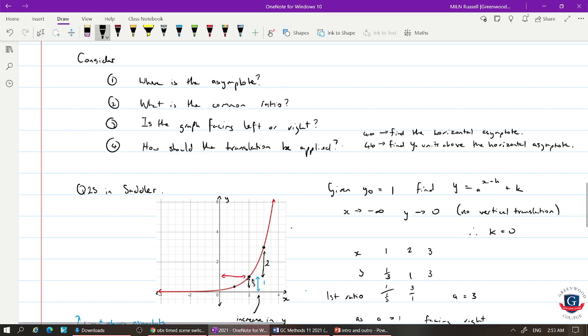Probably a better way of saying that, after discussing this with colleagues, is to say, is it growing or decaying? So are the numbers getting bigger or are they getting smaller? And how should the translation be applied? What are our h and k values?